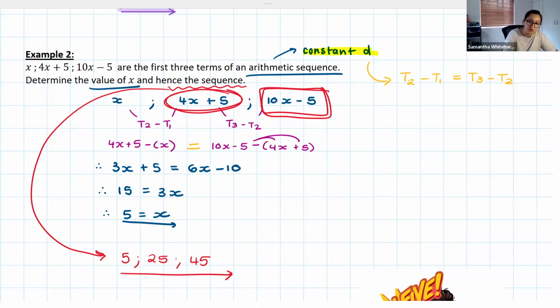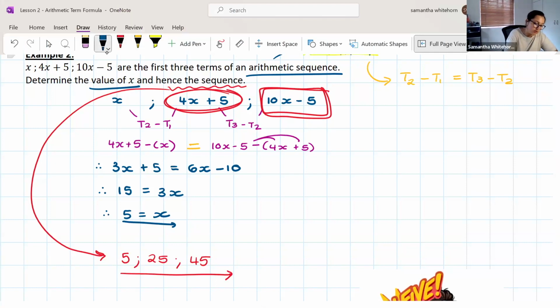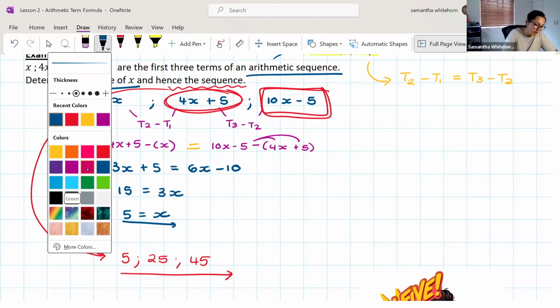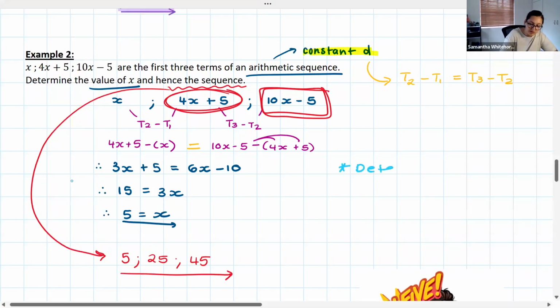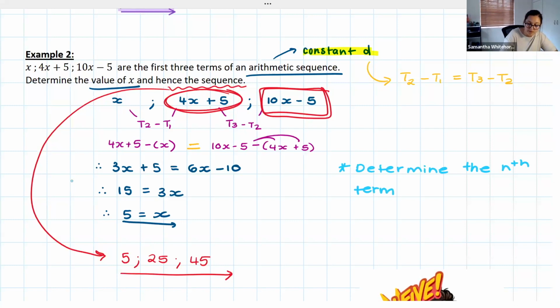But what I quickly want you to try for me is to find the general term. So I'm going to add a question here. Determine the nth term. And I want you guys to try that. So I'll give you a minute or two. What is the nth term of this sequence?